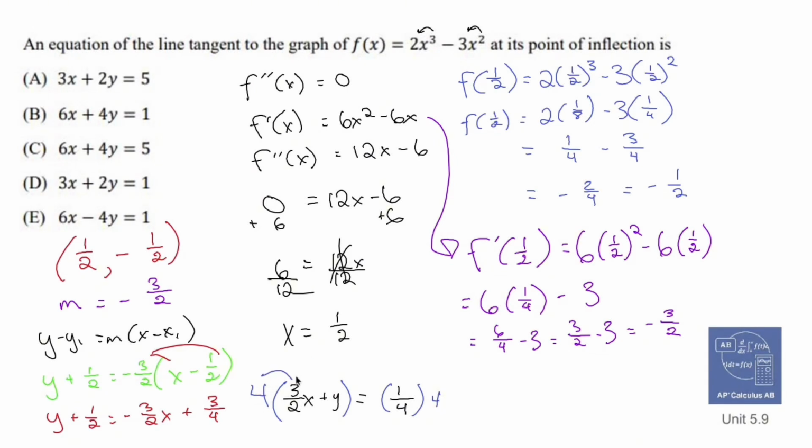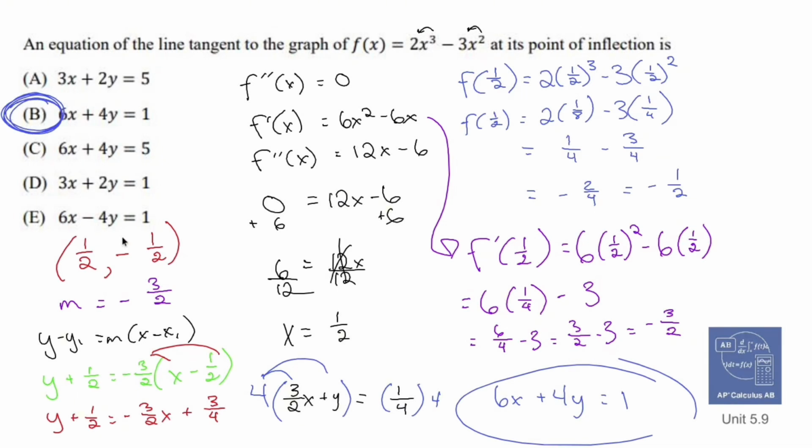So 4 times 3 over 2 is going to be 6x plus 4y equals 1. Tricky, tricky, tricky. Kind of tough.